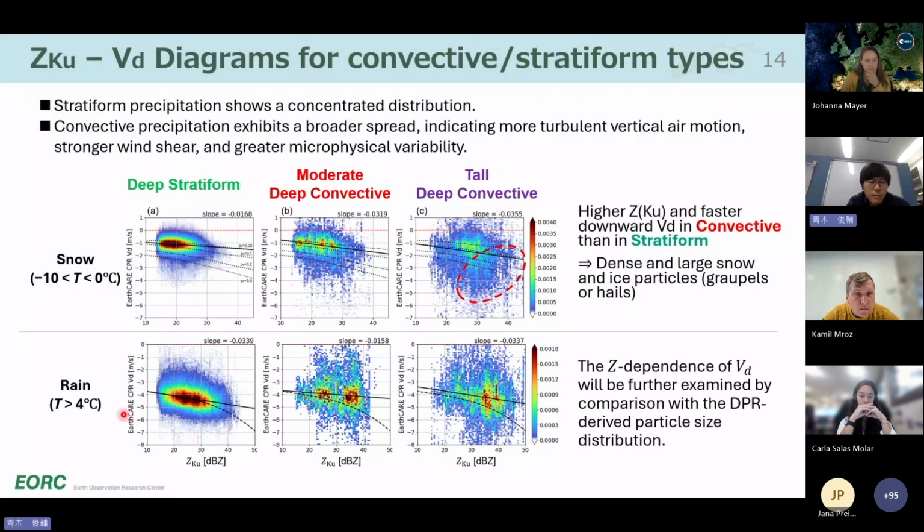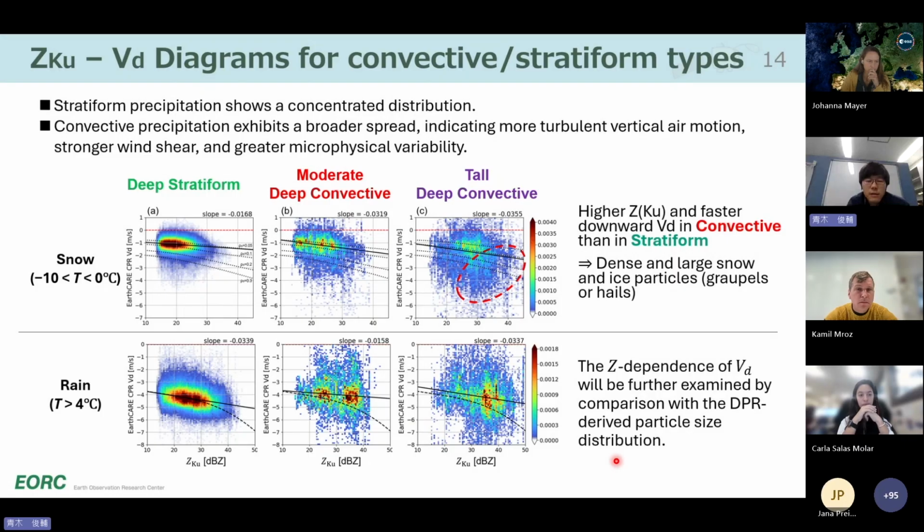The bottom panel shows the rain case, and it has a clear relationship between Z and VD in the stratiform case, but the deep convective case shows a more sparse distribution.